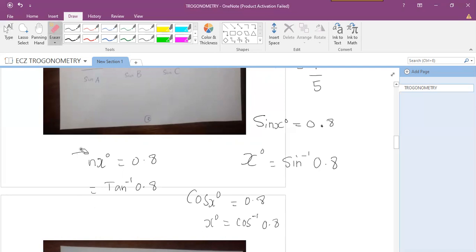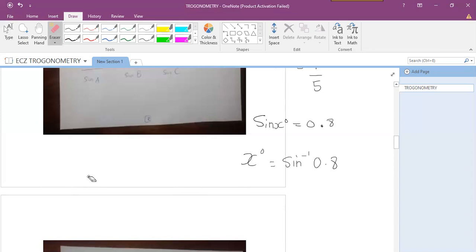So how are we going to do this? So clear your calculator. You've cleared your calculator? Yes. So press shift. You've pressed shift. Okay.